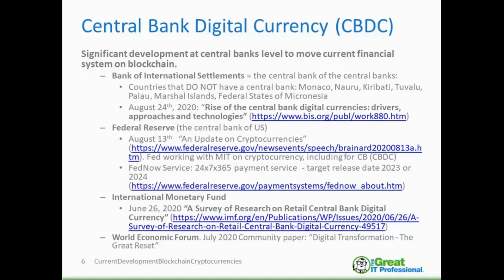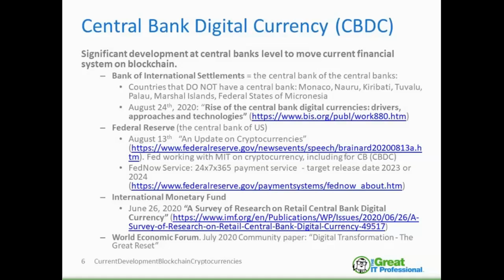So let's try to understand a little bit more what we mean by central bank digital currency and why it's important for all of us, people and businesses, to pay attention to this and follow what is going on in this space. So first of all, let's make sure that we understand the context. The first thing we want to clarify is that almost the whole world, in terms of financial system, is part of a network of central banks.